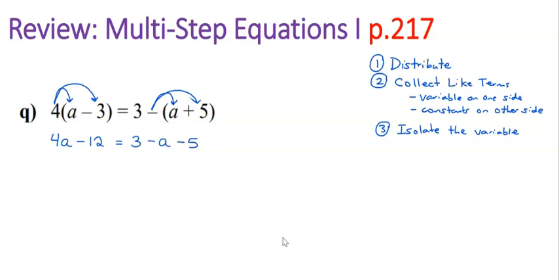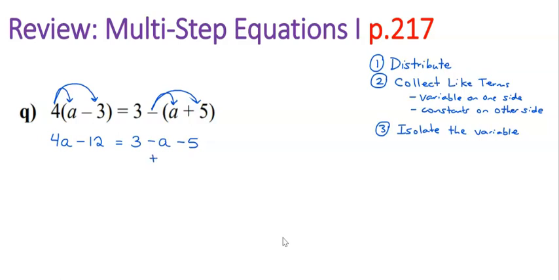Now what I do is I worry about the variables next and then the constants, but you don't have to do it that way. You can move the constants around. And remember, you can move the variables to whichever side you want. My preference is to move the variable left, but you don't have to. I'm going to move this negative a over to the left, and that's the first thing I'm going to do.